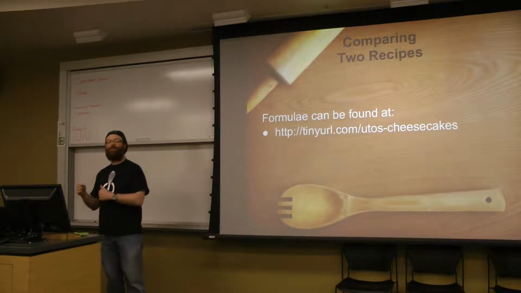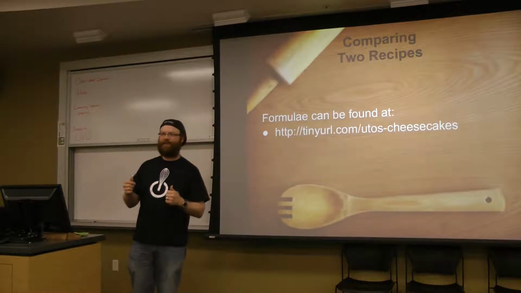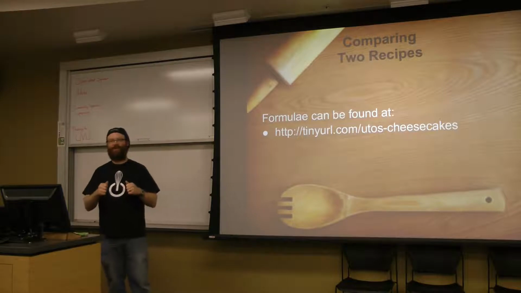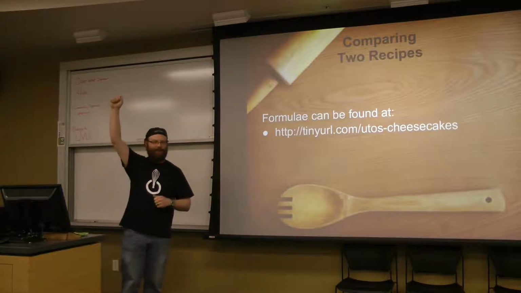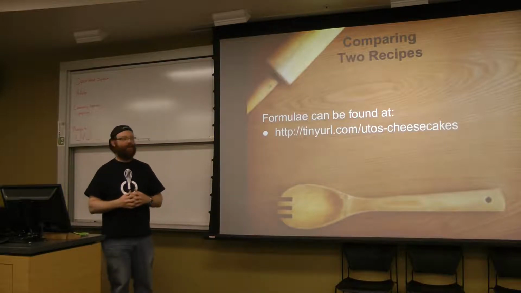And then the very next recipe that I came up with on the Googles was Nick Malgeri's classic no-frills New York style cheesecake, which was exactly those ingredients in those amounts. Yay me. So I thought that was pretty awesome.